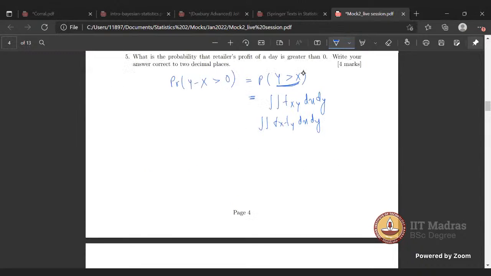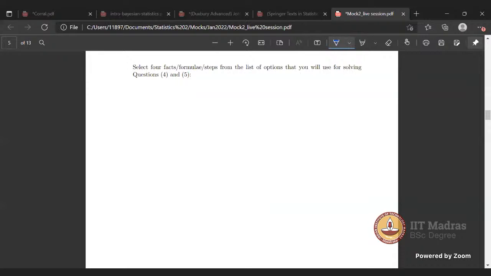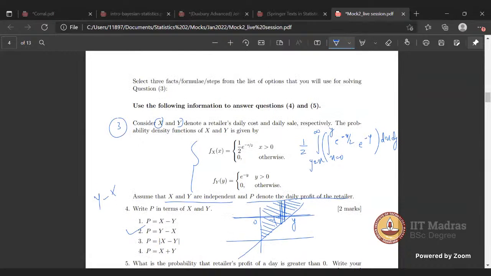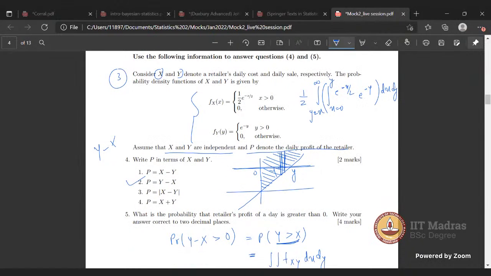Okay, there's space. I will do it here. The other way, right? X will vary from 0 to infinity. Hold on. What did I write? X will vary from 0 to y, and y varies from x to infinity. That's what you said.